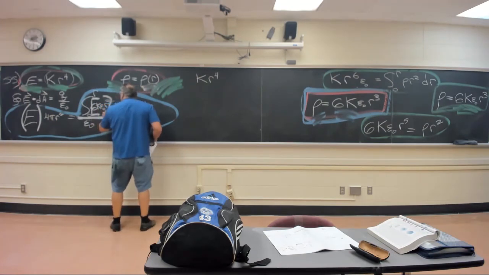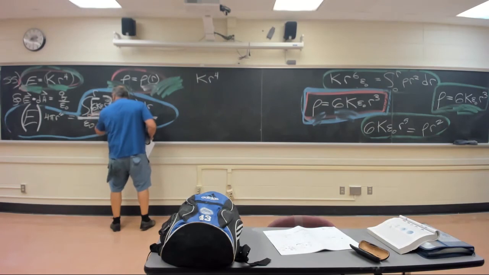This is the density function. Rho is 6 capital K epsilon naught, those are all constants multiplied together, times r to the third.